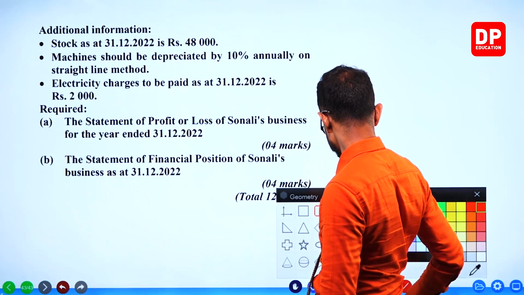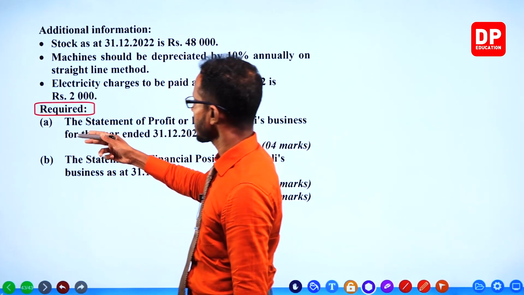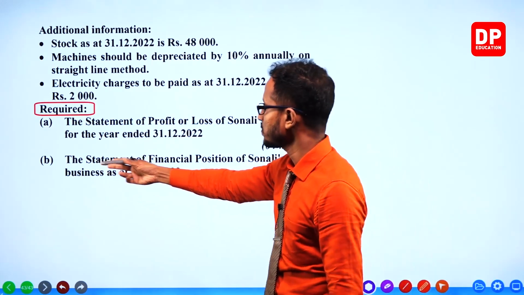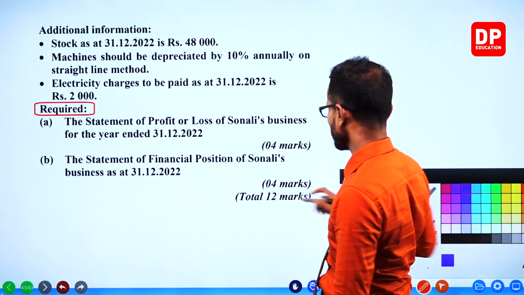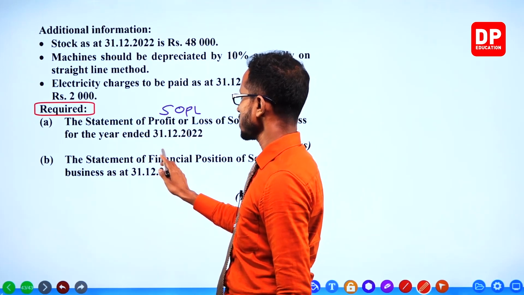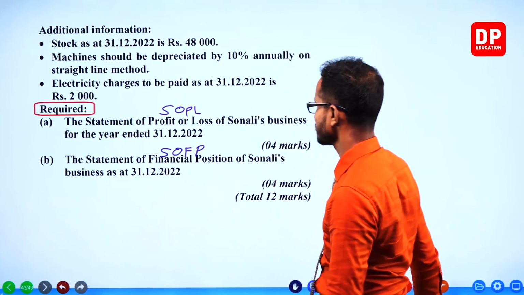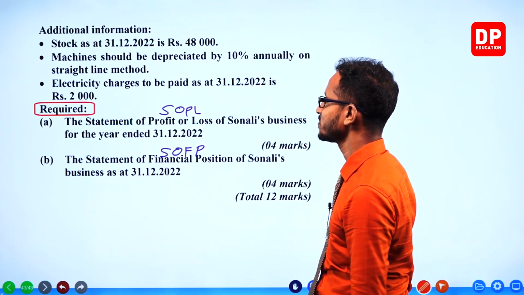What is required? Statement of profit or loss and statement of financial position. We call them in short names. That's what we have to do.